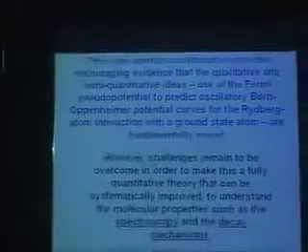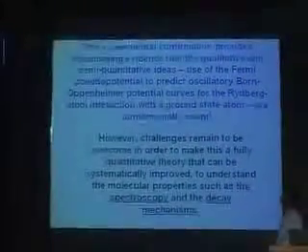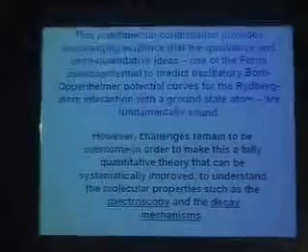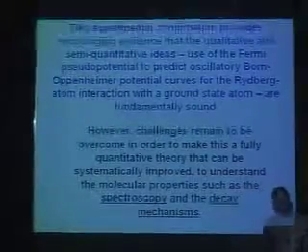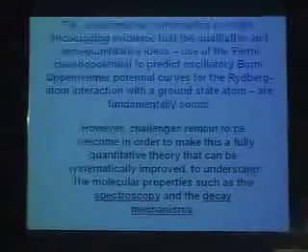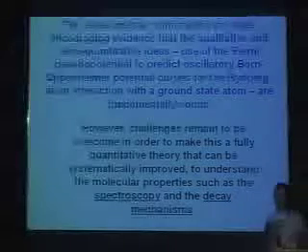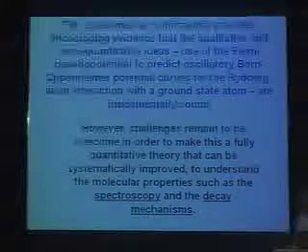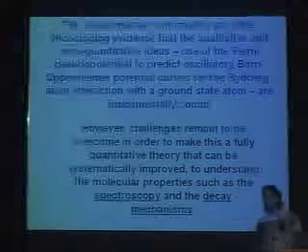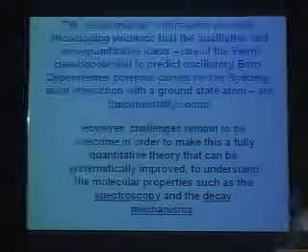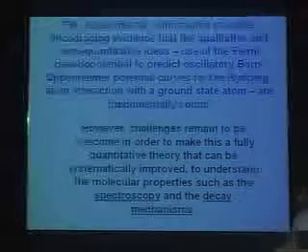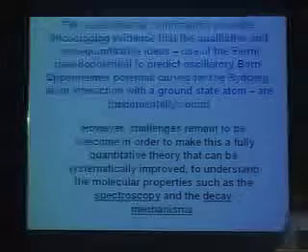Now, one of the things I want to stress is that I view this experiment as confirming the theoretical ideas that led to the prediction of these molecules in the first place. However, it's not, in my view, as simple as that, because there are still some problems lurking, some things that we need to understand better.